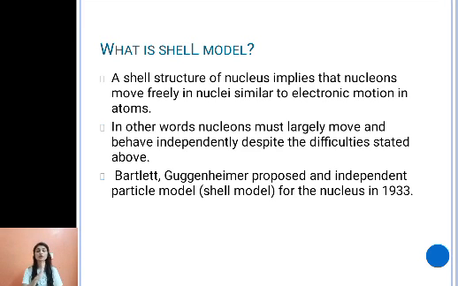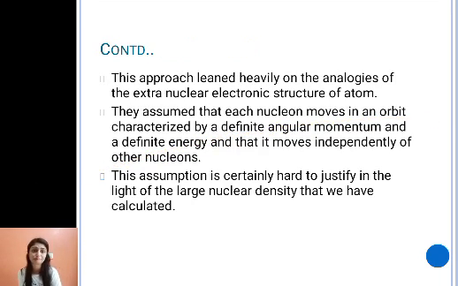In other words, each nucleon's motion is independent of other nucleons. So Bartlett and Guggenheimer proposed an independent particle model, called the shell model, for the nucleus in 1933, based on the analogy with atomic shells. This approach leaned heavily on the analogy with the extranuclear electronic structure of an atom.